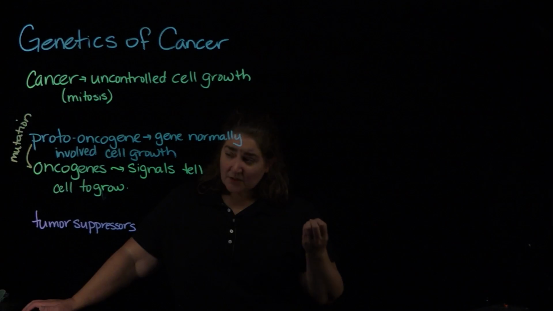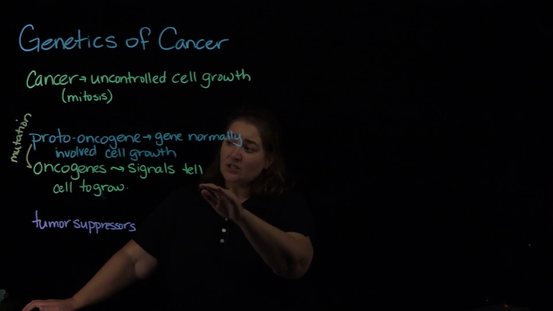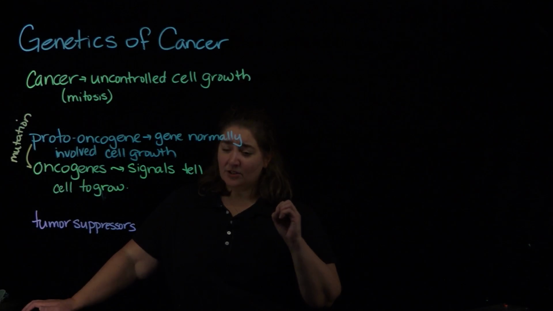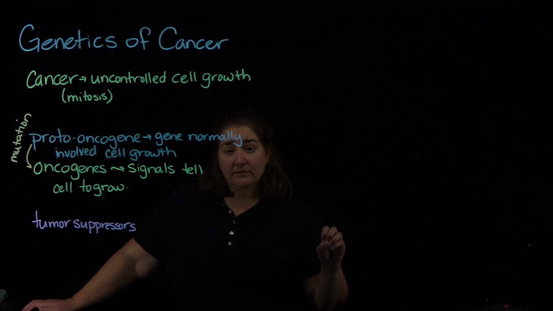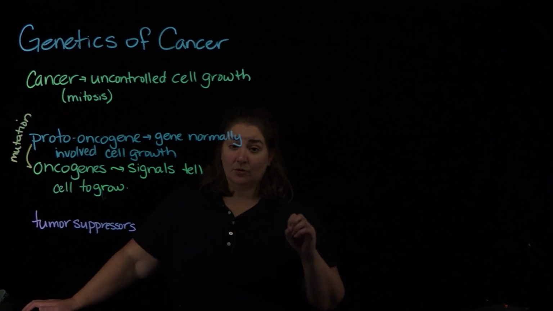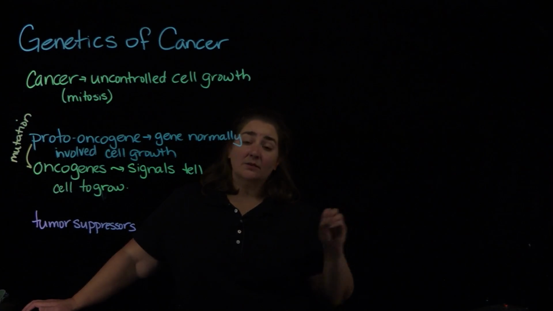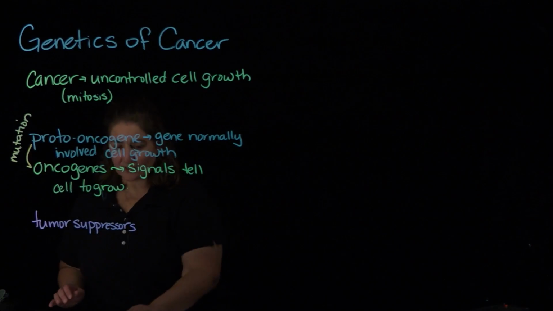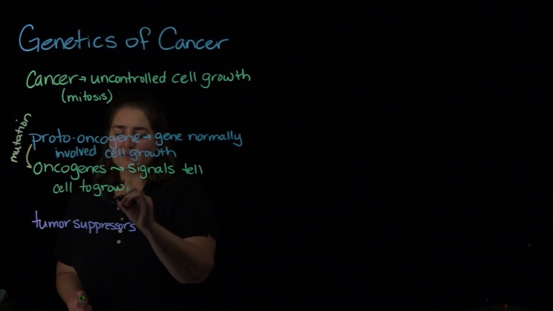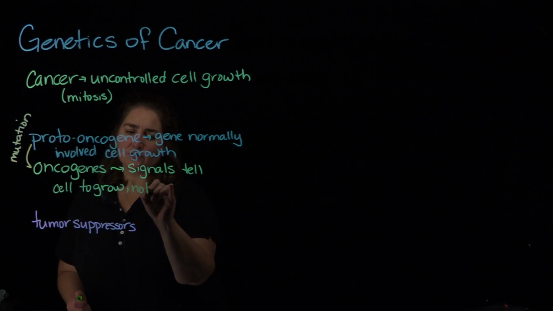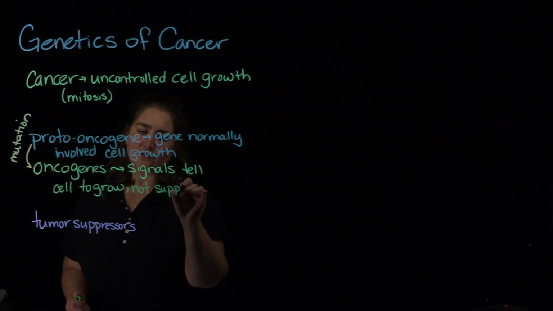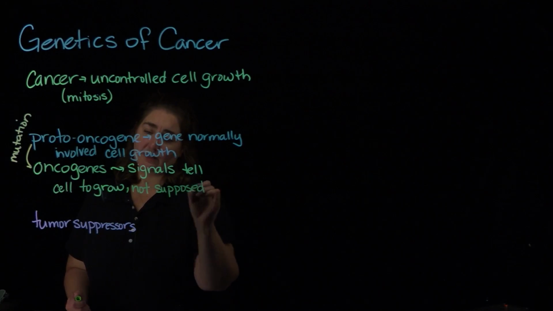And in terms of those proto-oncogenes being mutated to oncogenes, you can either end up having that oncogene making more of the protein than it normally would. So that's going to be the signal that tells cells to grow when they're not supposed to. All right? It tells cells to grow when the cells aren't supposed to undergo mitosis.